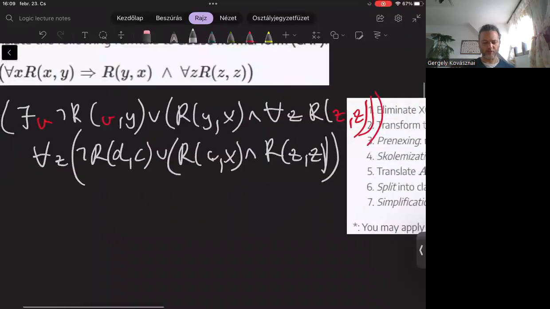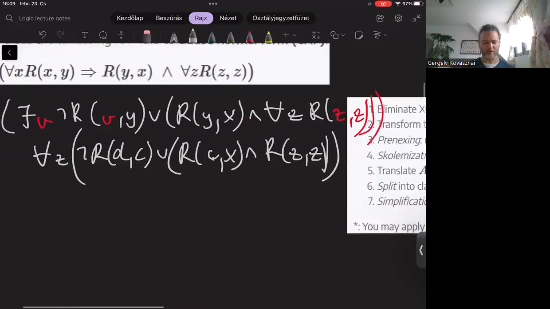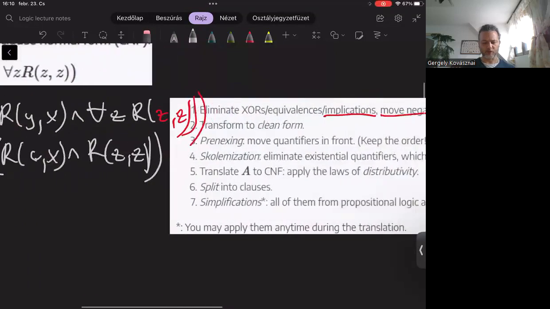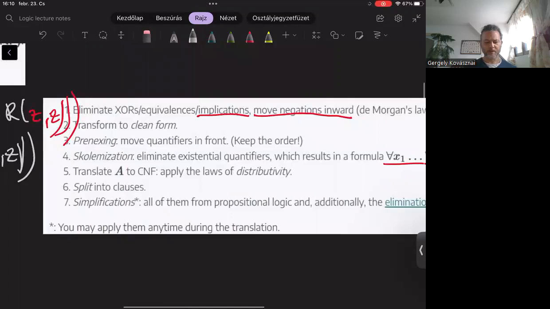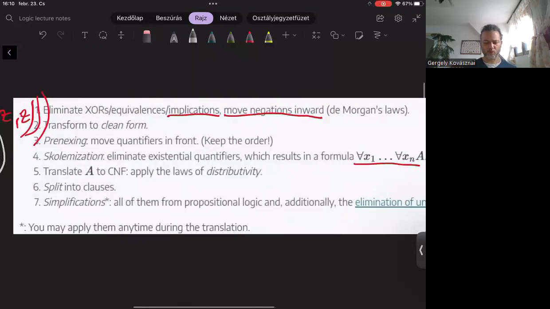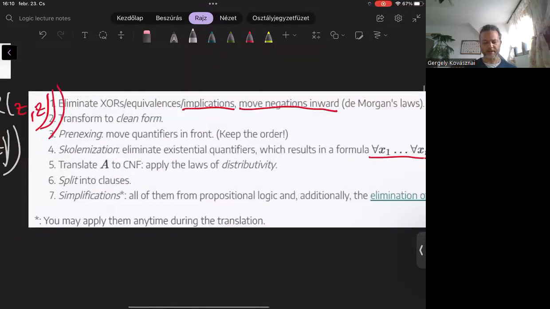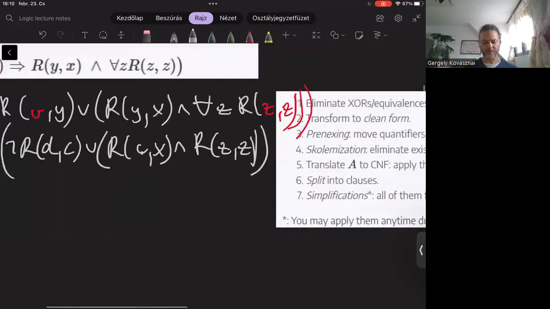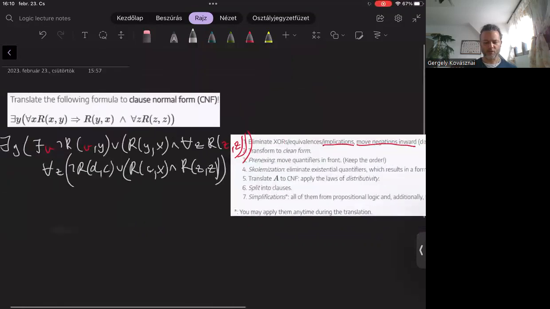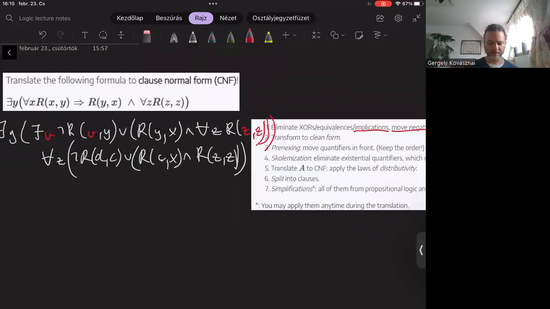We have a formula which is only quantified by universal quantifiers. Now, we translate the scope of the quantifiers, which is denoted by A here, to CNF. At this point, this can only mean the need of applying the laws of distributivity. So let's check out the scope of the quantifier here.